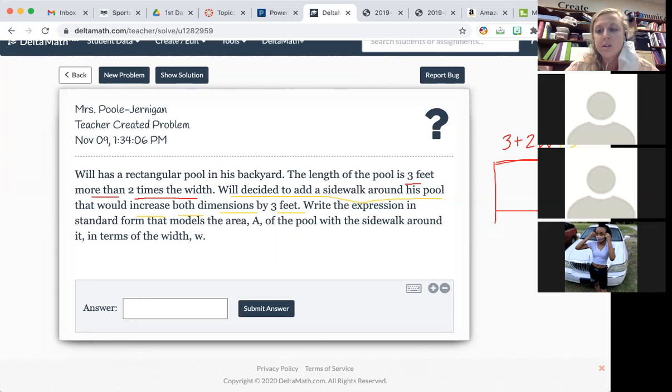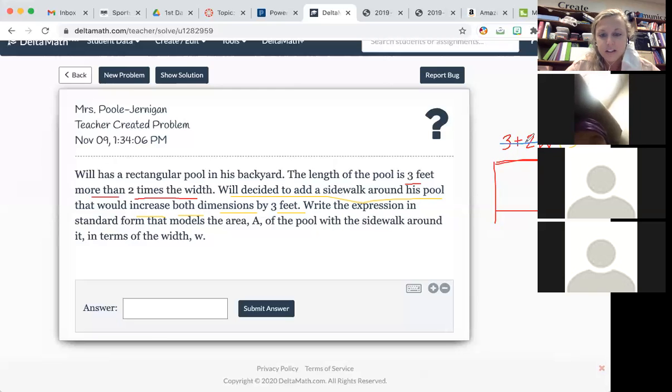Good. So if you joined Zoom on Friday, we did one just like this as a warm-up. I was talking about Kamari making a picture frame for his mom for Mother's Day. All right, so the new dimensions, can somebody tell me what the new length would be? 3 plus 2W plus 3, what does that come out to be if you simplify? 2W plus 6.